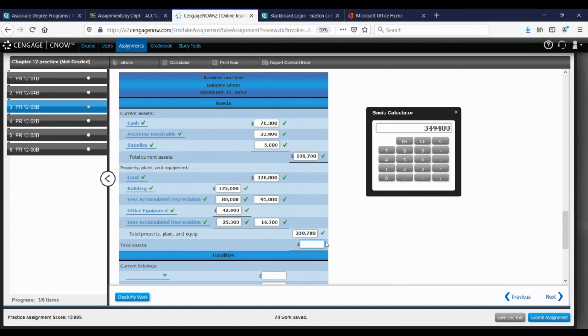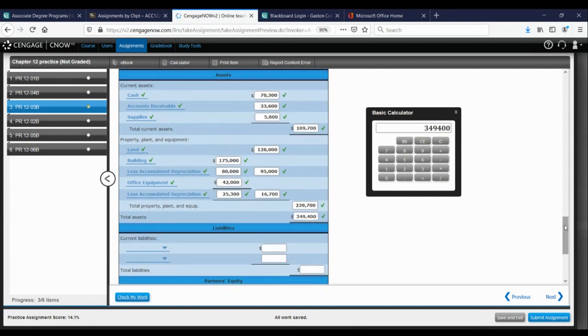for a total of assets of $349,400. On your balance sheet, you're going to find next your liabilities. Your liabilities are going to be listed as current liabilities first.